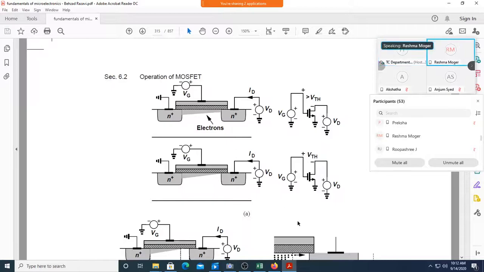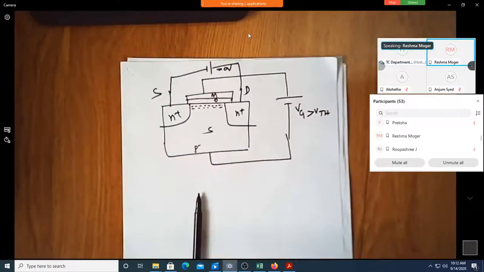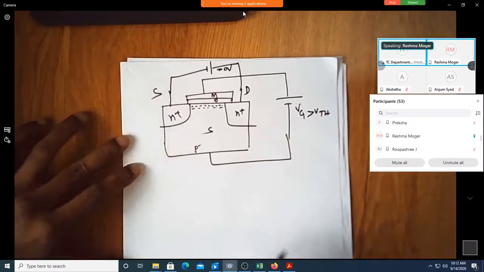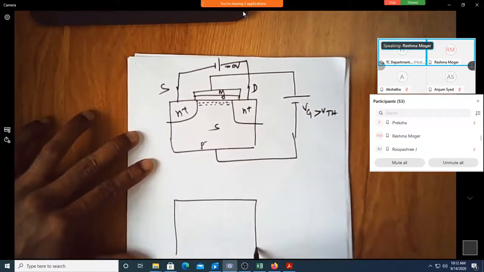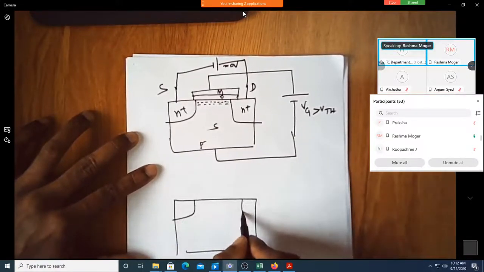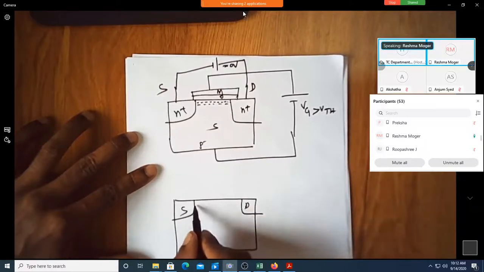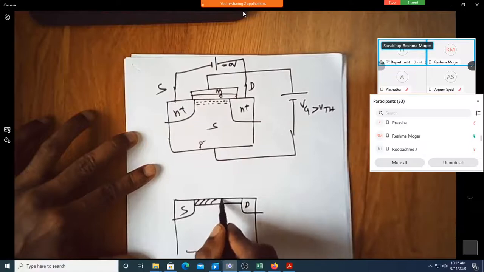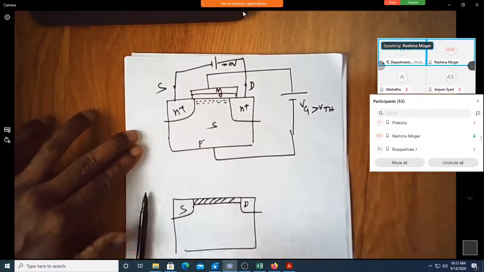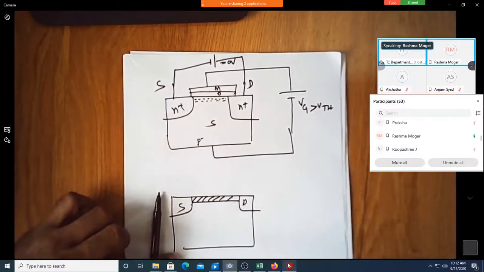Assume that I have not applied any voltage. Let me also share my camera. Is it visible now? Yes, sir. When I don't apply any voltage between source and drain, will I have a constant magnitude of electrons throughout from drain to source? If you can see here, this is not so.